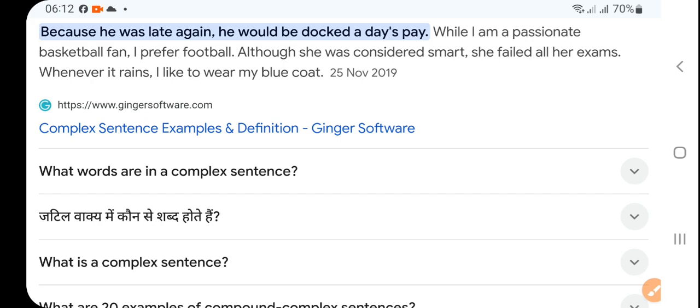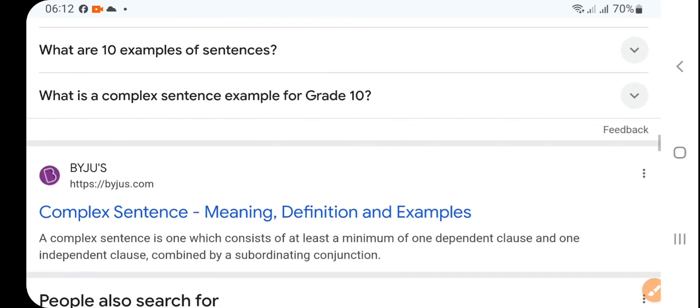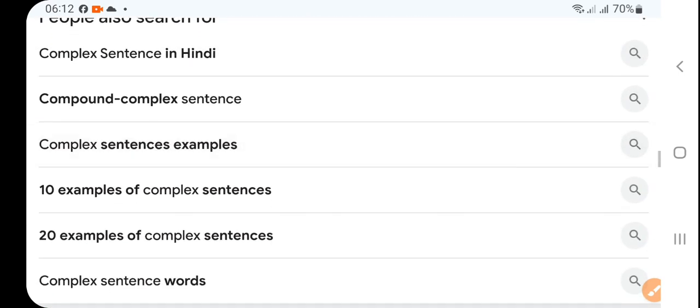Although she was considered smart, dependent clause. Then she failed all her exams, that is the independent clause. Whenever it rains, dependent clause. I like to wear my blue coat, independent clause. So these are the different examples, right?